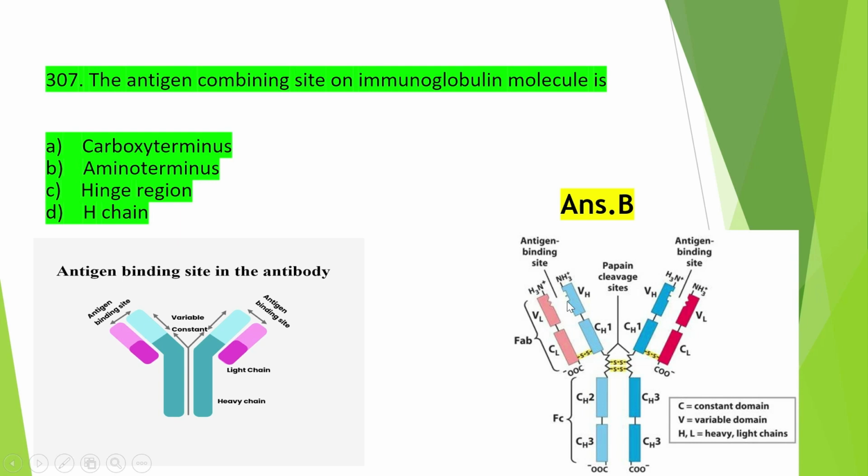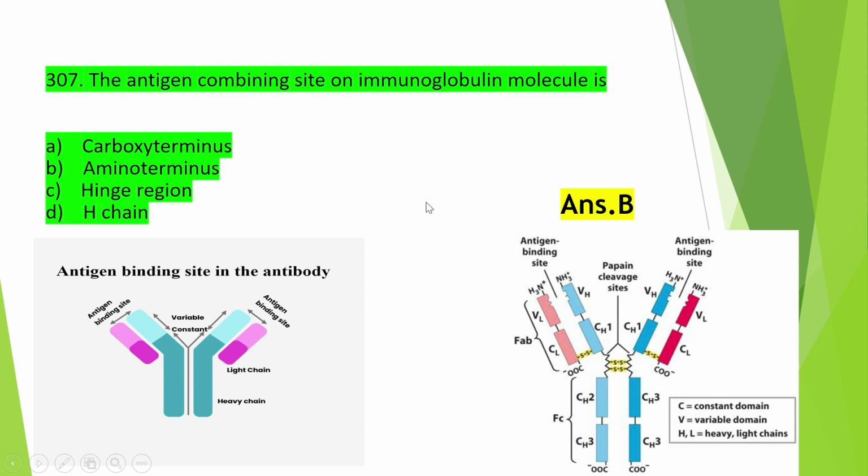So this is the carboxyl terminal, this is the amino terminal, and the antigen binding site is present at the amino terminal. This is the antigen binding site where the antigen binds, at the amino terminal end of the immunoglobulin.